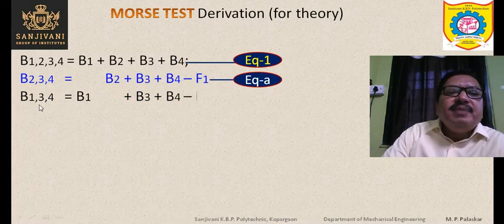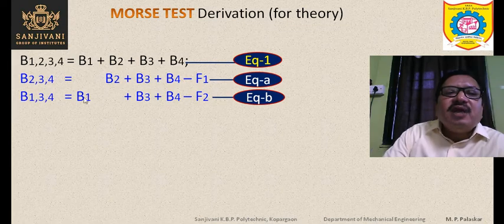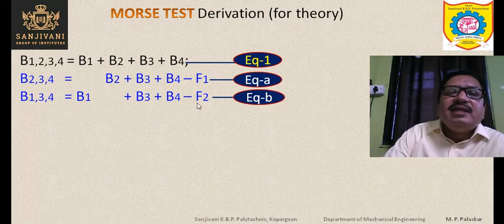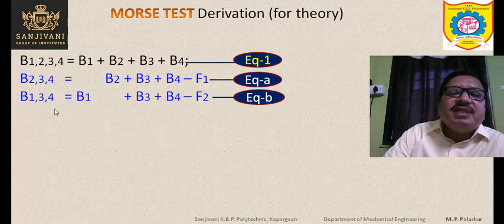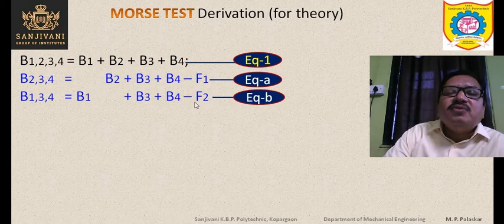Similarly, B134 is equal to B1 plus B3 plus B4 minus F2. Now we are not adding B2, but we are subtracting F2, because cylinder number 2 is not taking part in producing the brake power, but the friction is present in cylinder number 2, therefore we write here minus F2.